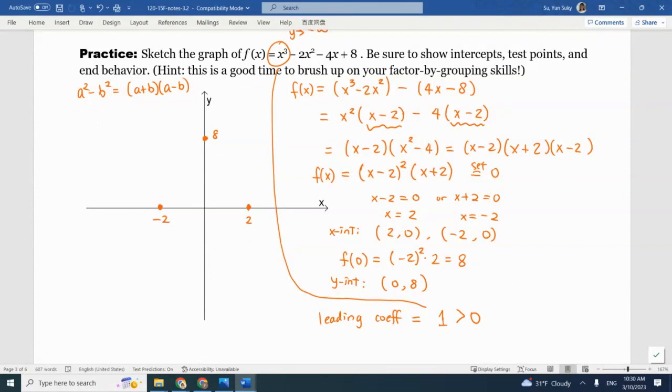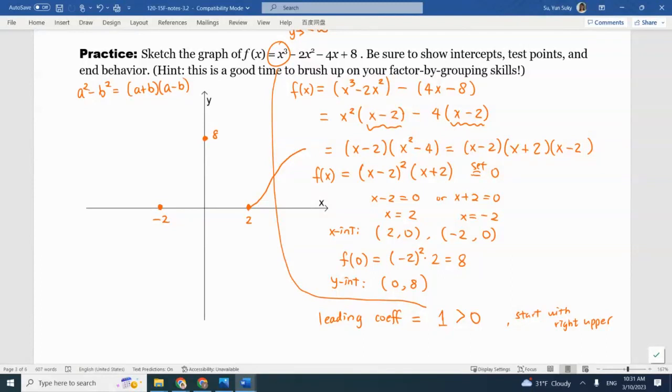1 is positive. So you start with the what? Yeah, the right upper corner. So from here, you touch the 2. Okay, 2. What is the multiplicity? Okay, look here. 2 is here, right?